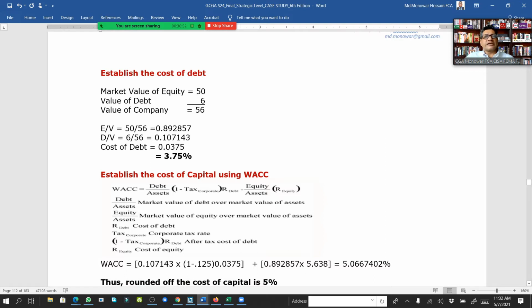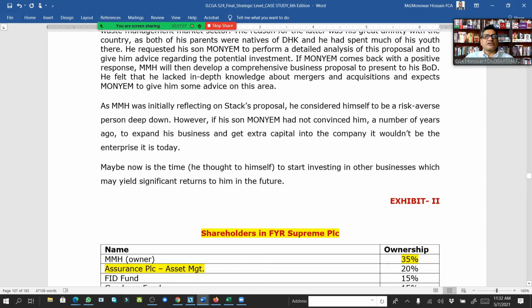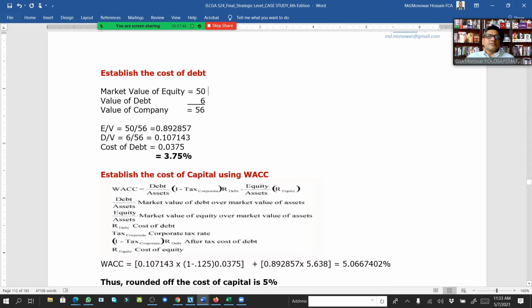So doing that, here we establish the cost of debt. How much is the cost of debt? The market value of equity is 50, because all data is within the question. Look here: market value of equity 50, value of debt 6, value of the company 56. So equity divided by total value of 56, equity is 50, then comes the weight.